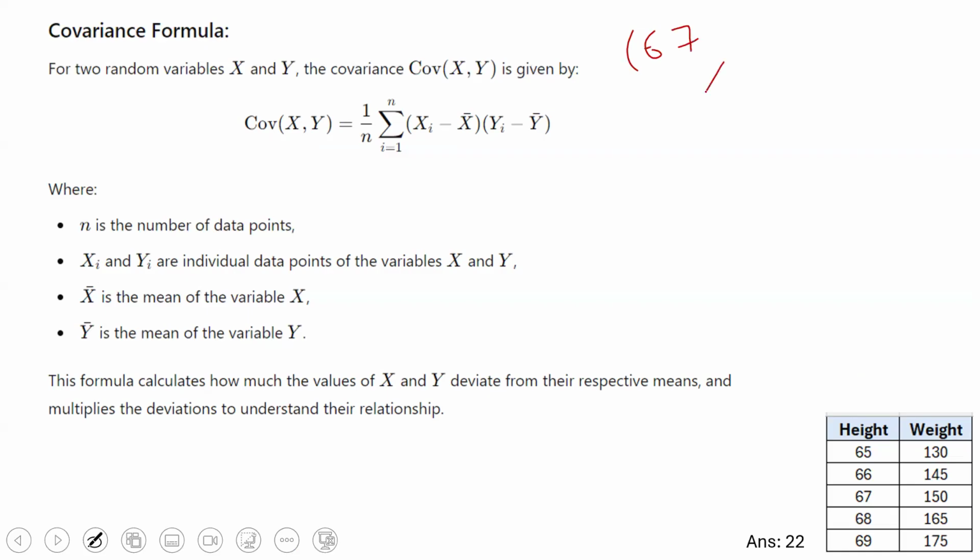And what is the mean of y? 153. Yeah. So now how do we calculate this mean?